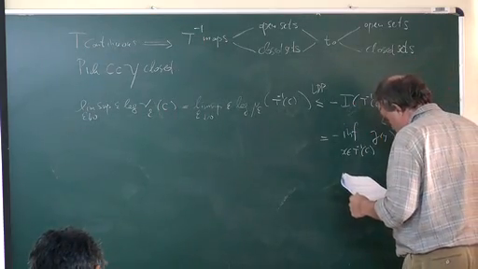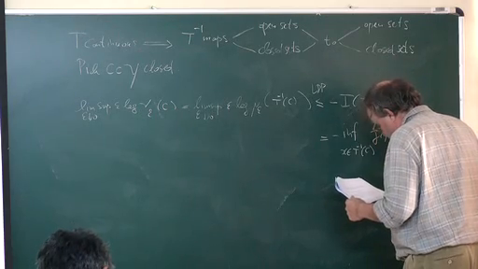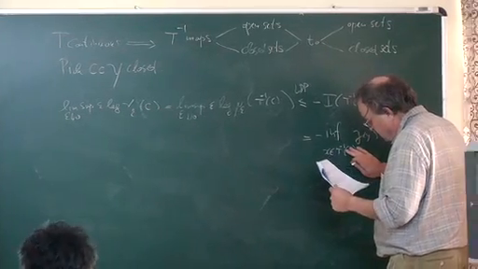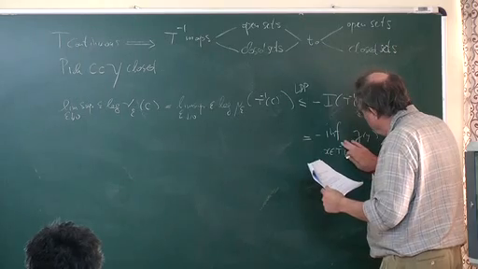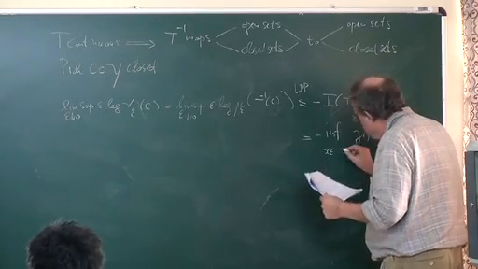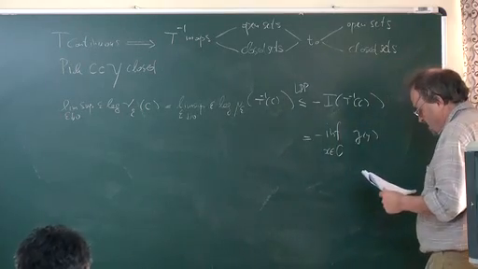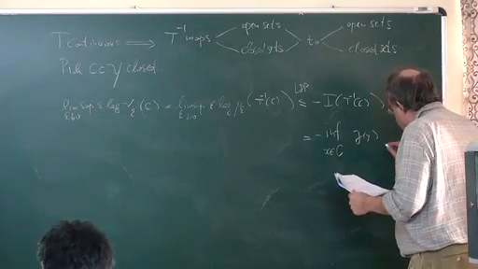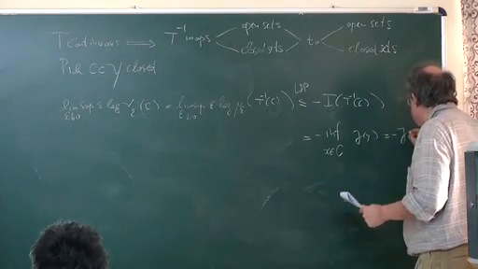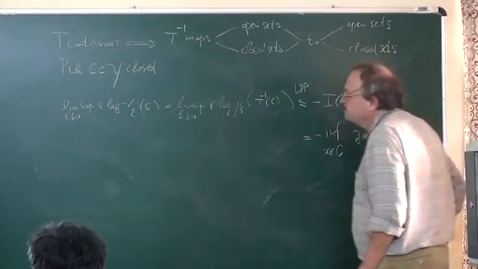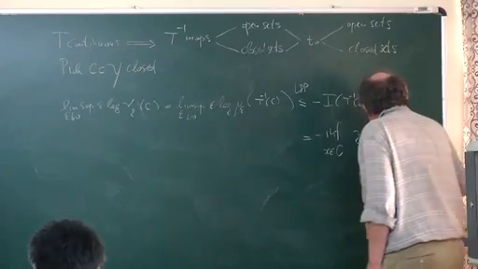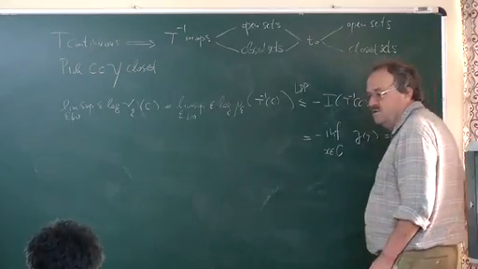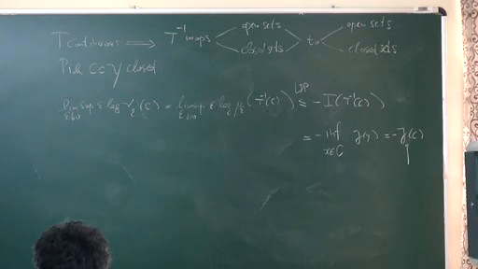Sorry, I made a mistake. This should be C. Sorry for that. And then that's by definition J of C. So the large deviation upper bound holds with J being equal to this formula.